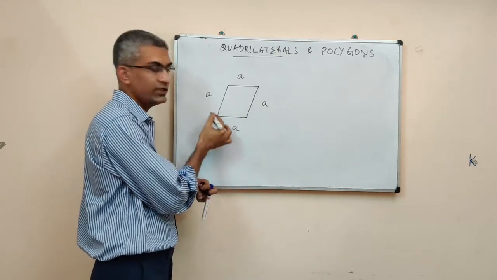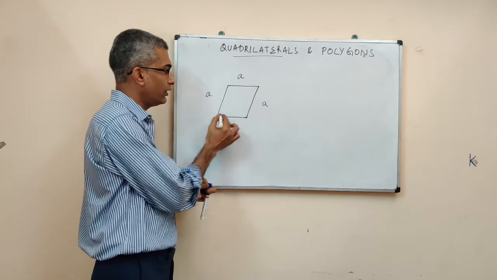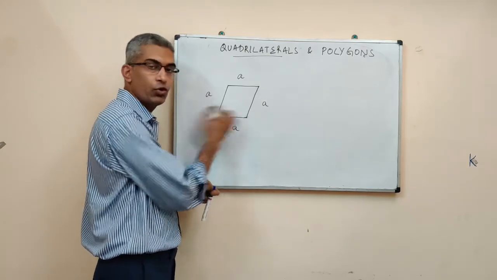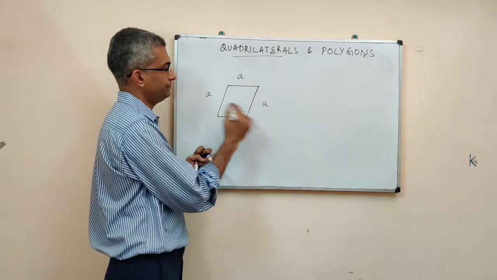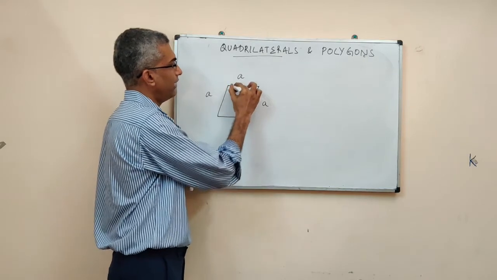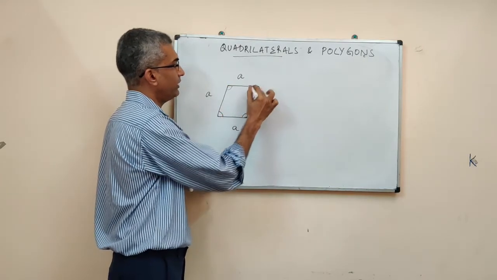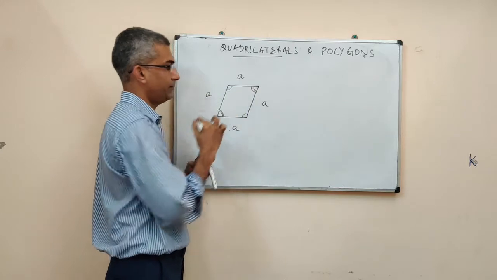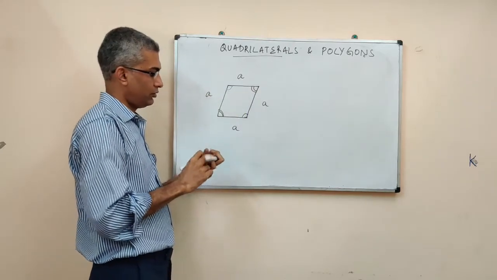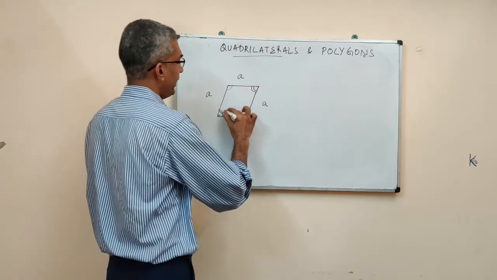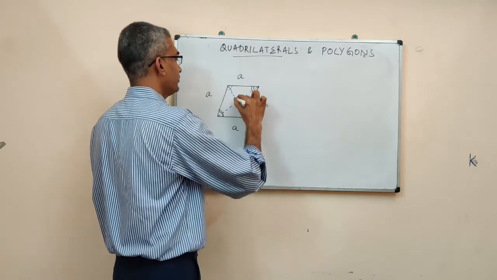The angle between the adjacent sides will not be 90. Here it will be less than 90, here it will be more than 90. But this angle and this angle will be the same, and this angle and this angle will be the same. The diagonals will bisect each other.